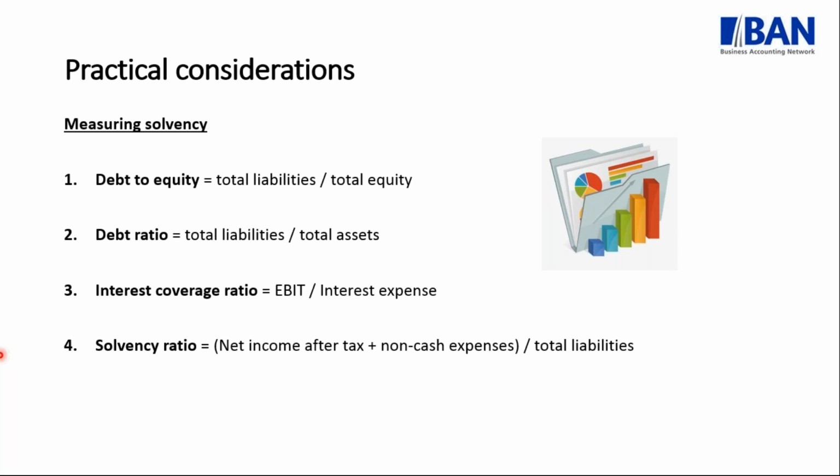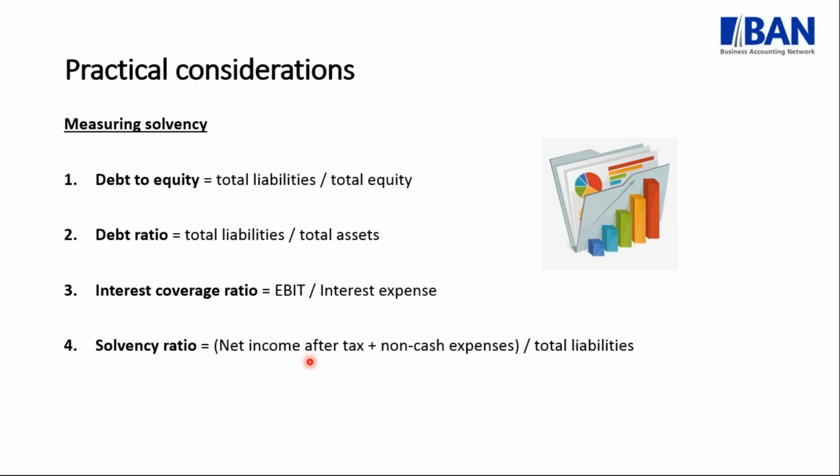The solvency ratio, our fourth ratio that I'm going to mention, once again brings a little bit of a cash point of view into things. So it takes your net income after tax. So it says, okay, here's my business. This is my profit for the period. I need to pay my taxes to be able to have a business that's running. But there might be some non-cash expenses going through this business as well. And in most cases, it'll be depreciation.